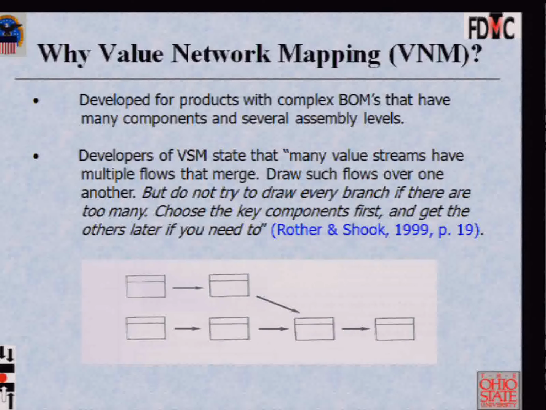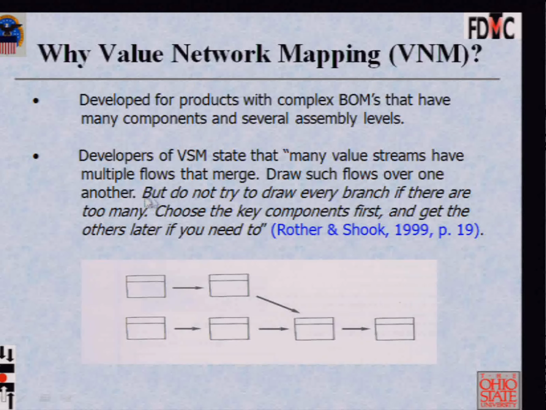Unless I've done some group technology, unless I know that these value streams have identical routings, I'm not going to be able to overlap these value streams and say this value stream actually corresponds to a manufacturing cell which will produce this family of parts, all of whom have the same routing. So how do I know which ones to draw over?